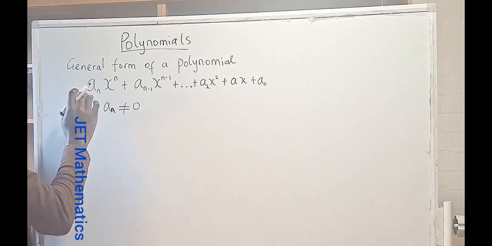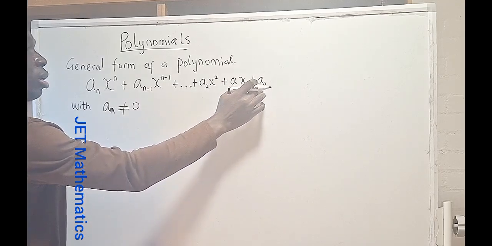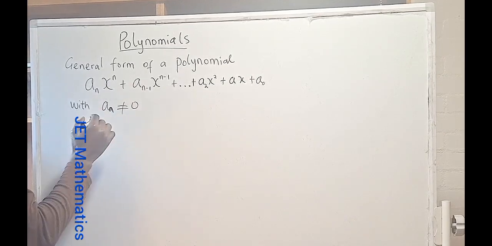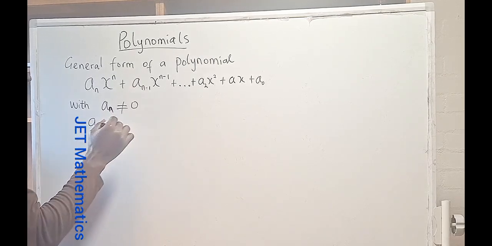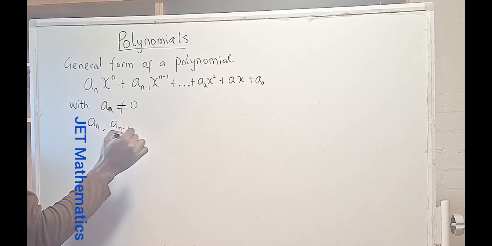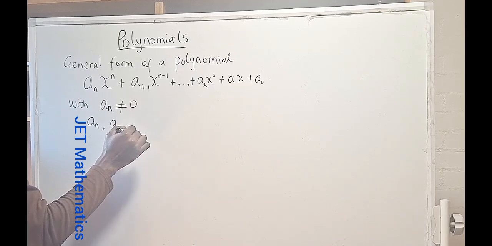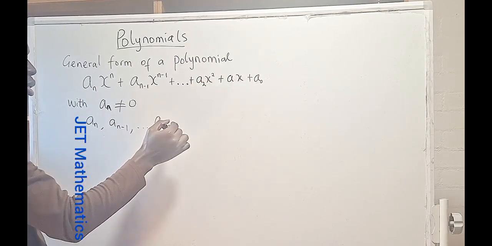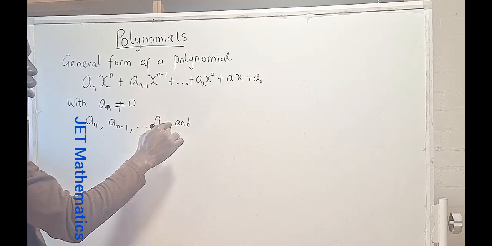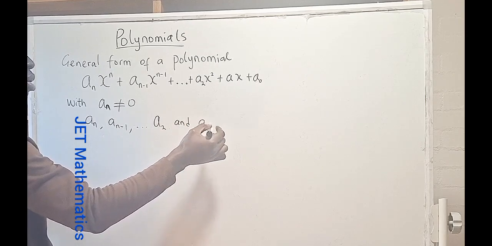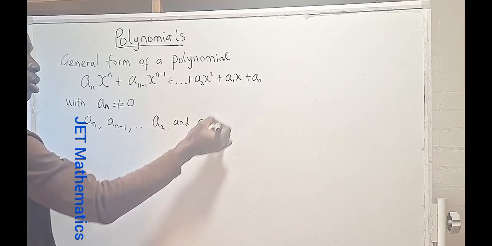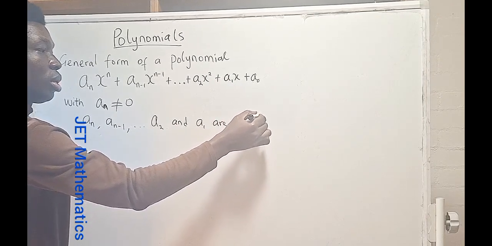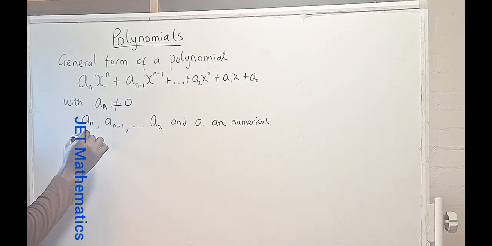All right, so all these a's you see are numerical coefficients, from a_n, a_(n-1), and so on, down to a_2 and a_1.